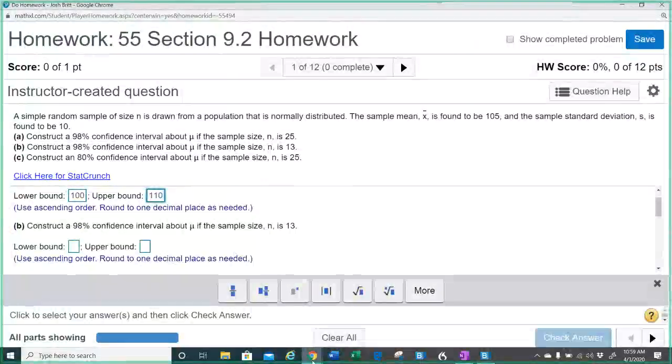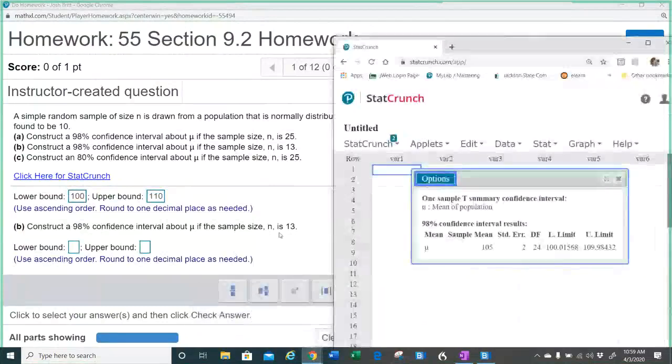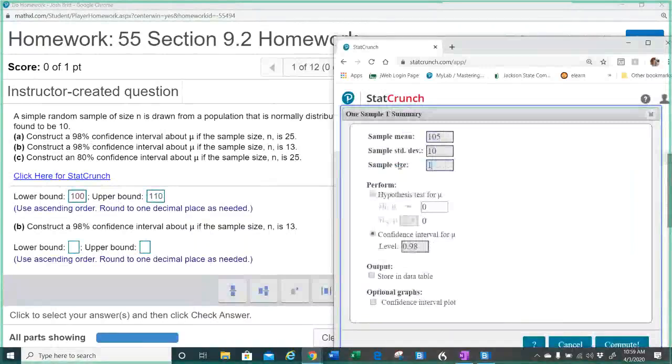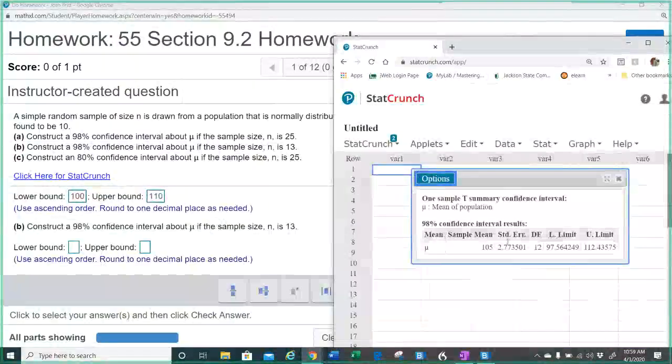And now we'll change the sample size to 13. And we get 97.6 and 112.4.